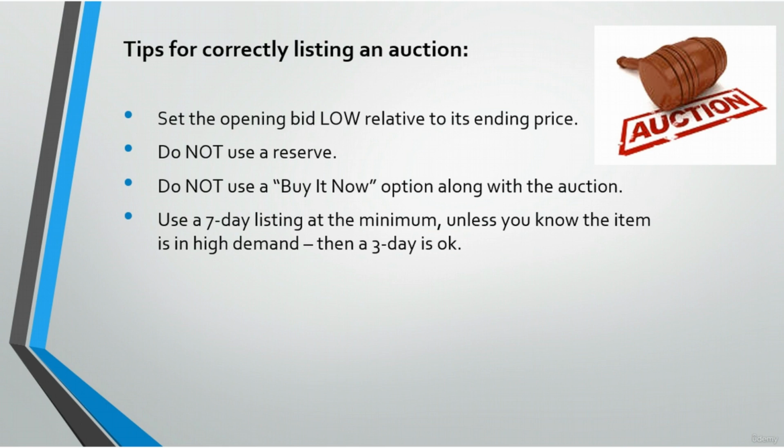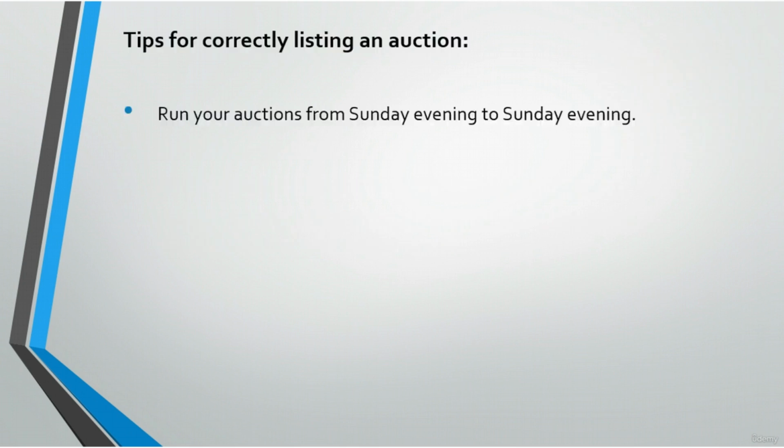And often in a 1-day listing, you can't get that type of exposure, unless, again, you know people are constantly searching for that item on eBay and it's in extremely high demand. Now, collectibles are also in high demand, but they may not be as high of demand, or you may just want to be sure that everyone in the collector community gets a chance to see it through a 7-day listing.